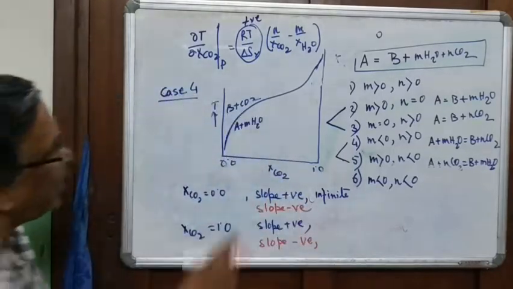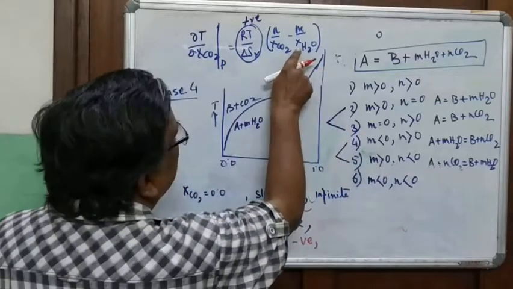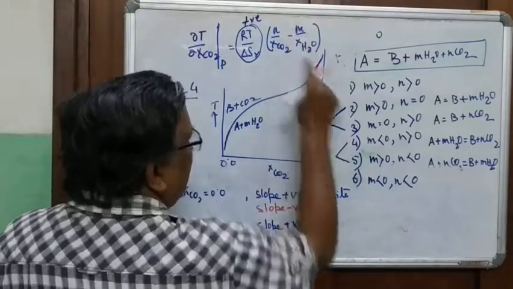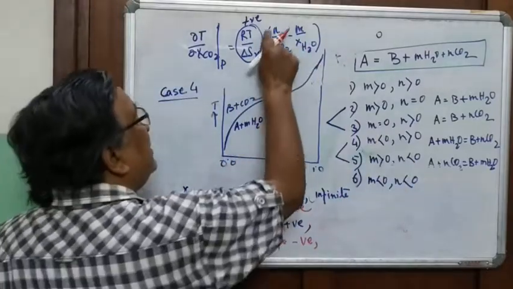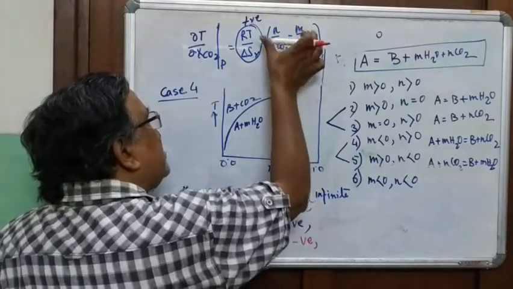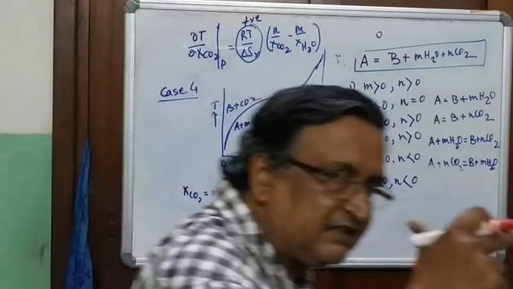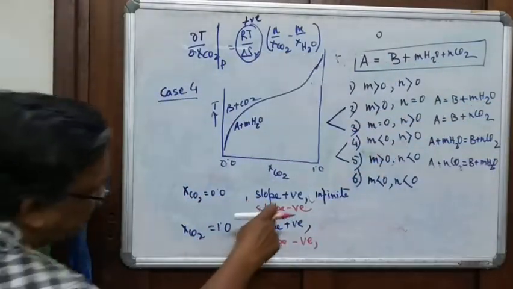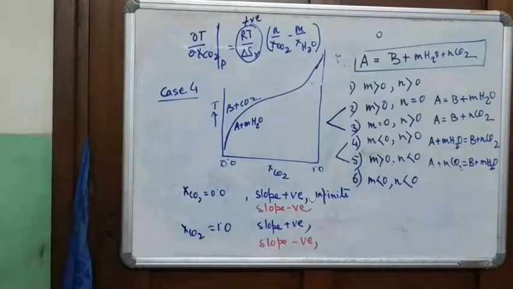Why? Because m is greater than 0 and n is less than 0, so the total slope is negative. I have written negative and negative for both.